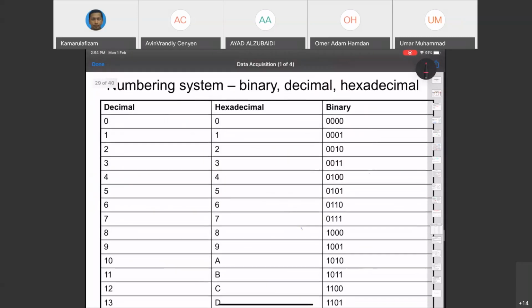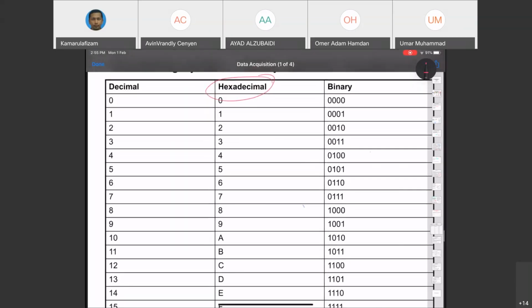So again, we have seen some conversion from decimal to binary. In a typical numbering system, they have hexadecimal in place. So basically, you have to know how this conversion system works, how the representation goes from decimal to hexadecimal and to binary.